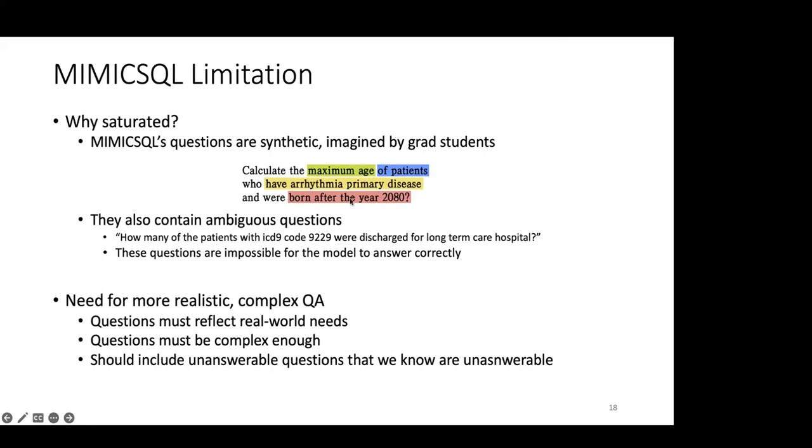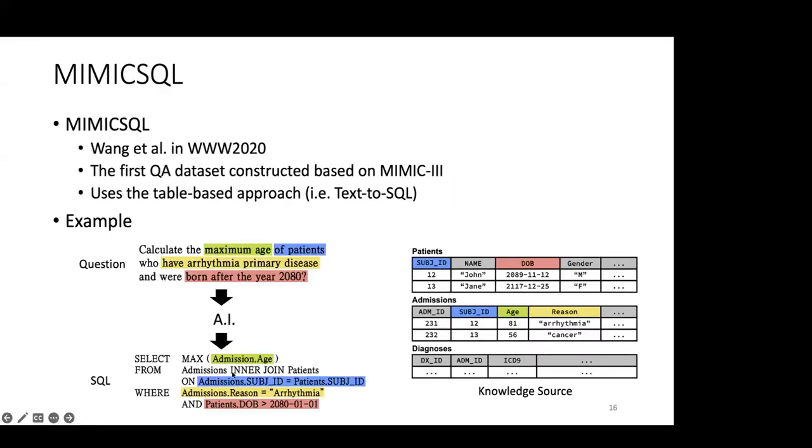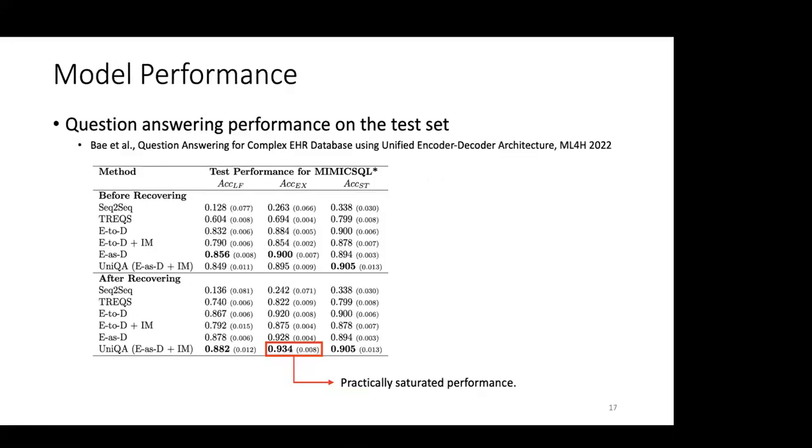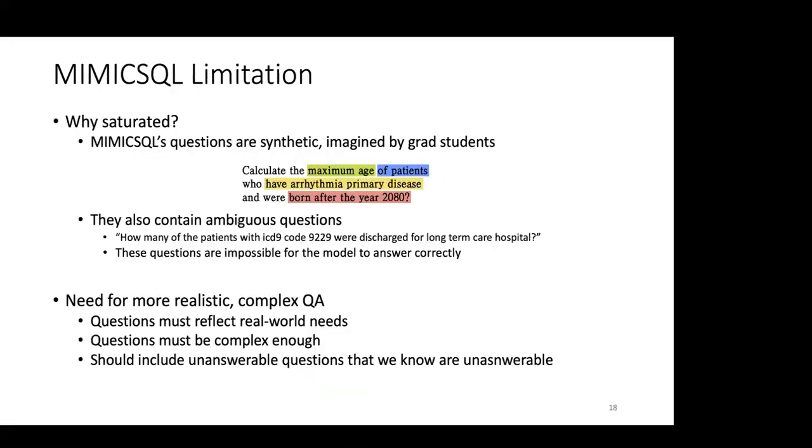I don't think nurses or doctors will actually ask this question in the real world, but it is certainly an answerable question. It is understandable, and you can convert it into a SQL query. So it is useful in terms of evaluating whether AI understands EHR, but it's not real. That's probably why we got almost perfect scores so soon.